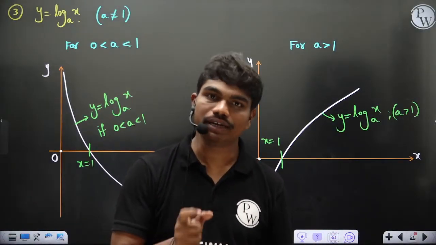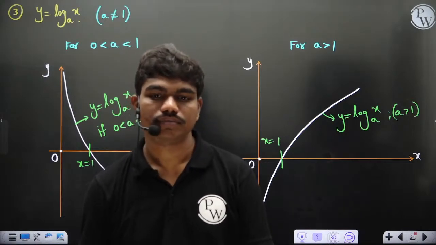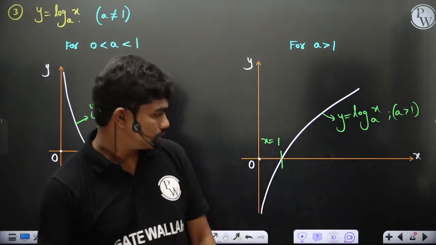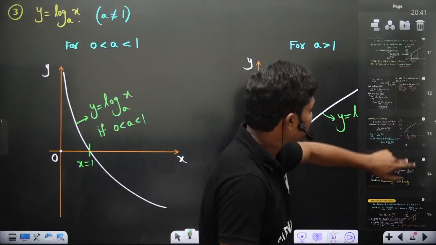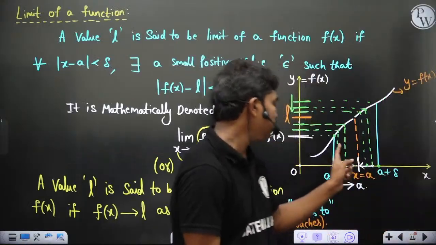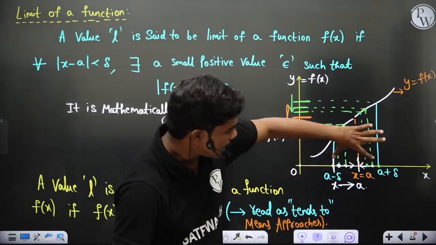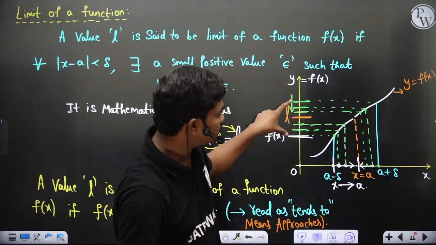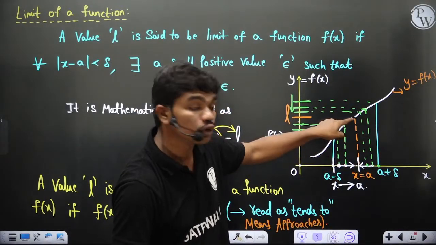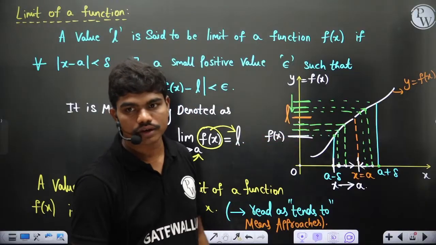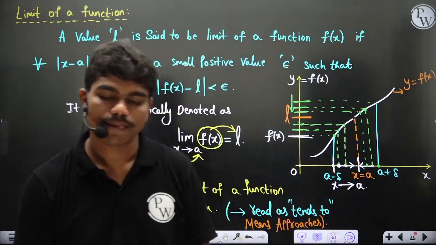But limit can exist. See, simple example: I have drawn in the first slide, when I'm teaching the concept of limit, here this limit is existing because as x is moving towards a, this function is moving towards L. But clearly exactly at x equal to a, this function doesn't have any value. Got it? That's the difference.